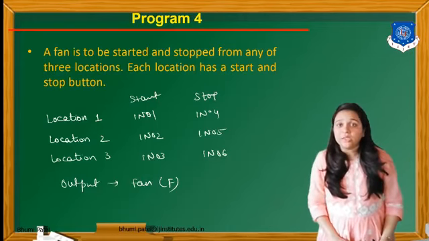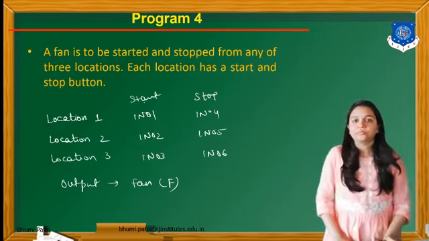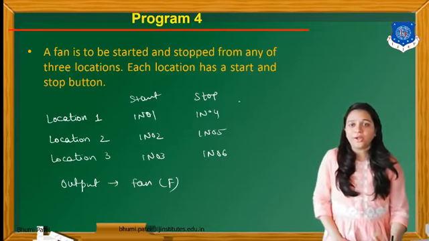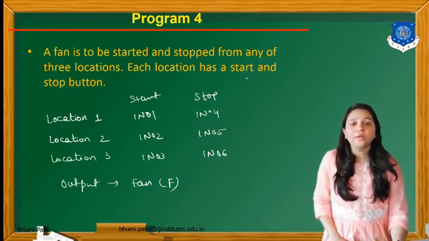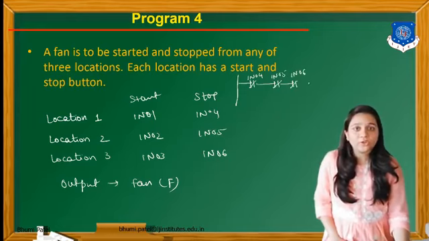Each location has a start and stop button. So for that we have to draw the ladder logic diagram. First of all, we put the stop buttons IN04, IN05 and IN06. They are normally closed contacts.